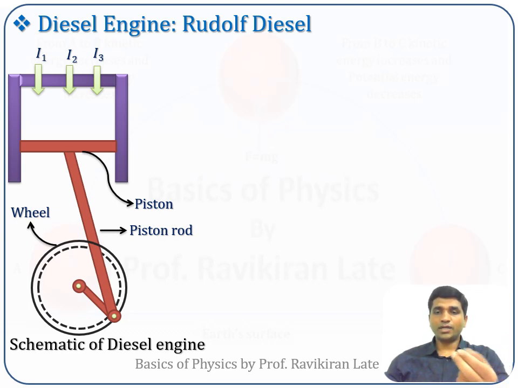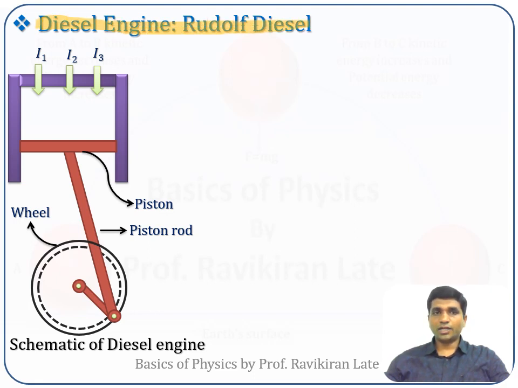For external combustion engines, the steam engine is an example. In internal combustion engines we have already seen the Otto cycle, or the petrol engine. Now in today's session we will be looking at what a diesel engine is and how it works.